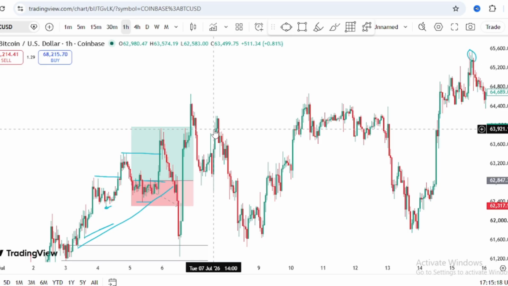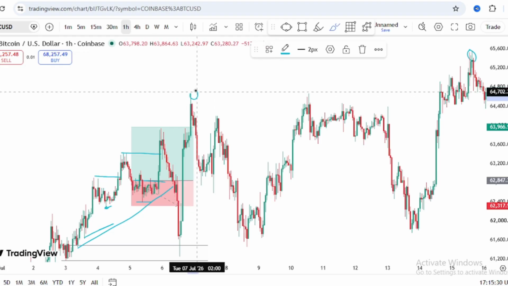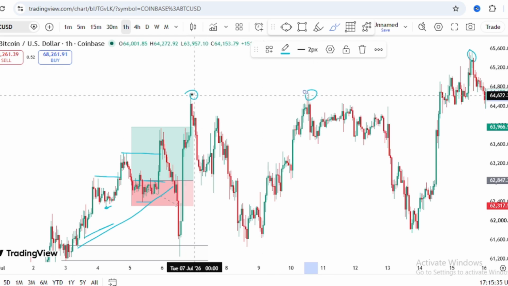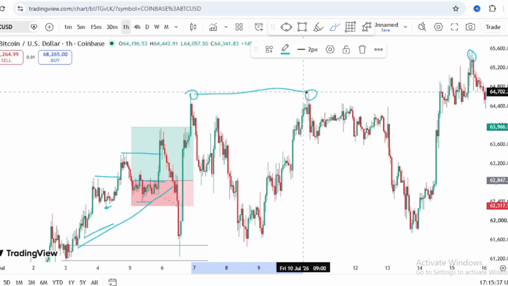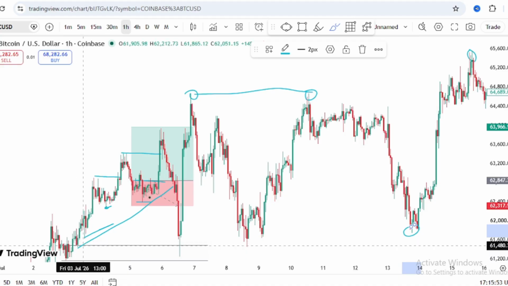Retail traders usually place their stop losses in predictable locations. For example, equal highs, just like in this place, equal highs, previous highs and lows. Then trend line. This is trend line liquidity.